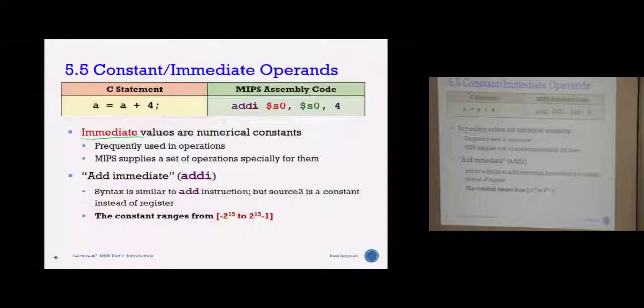When I have an immediate, it is addi. You must remember to add the I at the end. So when the processor sees that it's an addi instruction, it is expecting one register and one value. So this is the register, I add it with this value, and then the answer I put back inside here.